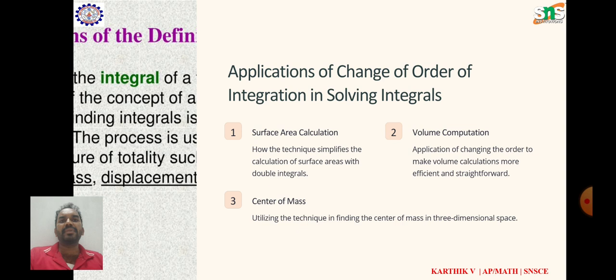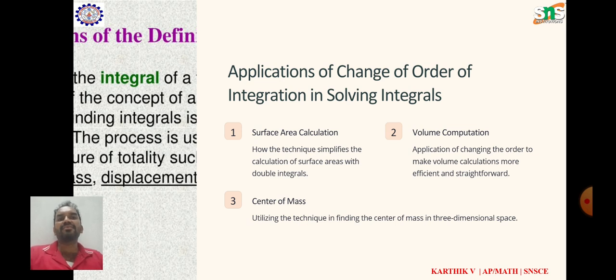Applications in probability and statistics. In probability theory and statistics, changing the order of integration is often used to compute joint probability distributions, expected values and moments. Applications in physics and engineering. In various fields of physics and engineering, integrals arise in the context of solving problems related to electromagnetism, fluid mechanics, heat transfer and quantum mechanics.